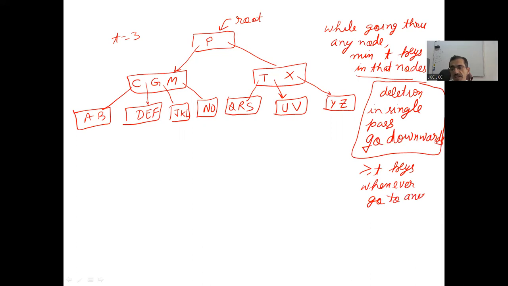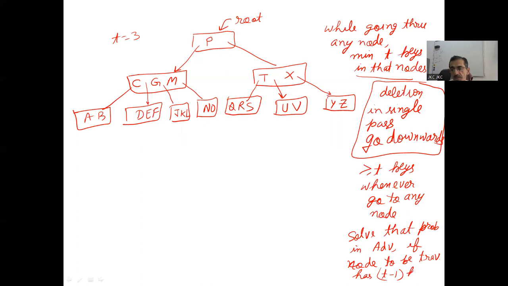If it is not, do that in anticipation. So solve that problem in advance if the node to be traversed has t minus 1 keys. This is going to be the thumb rule.